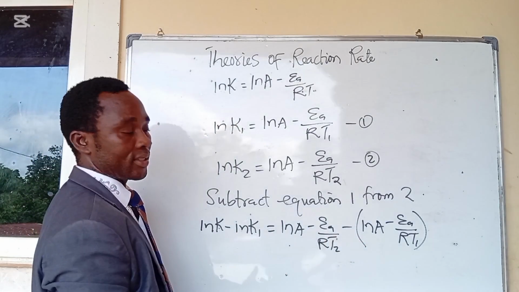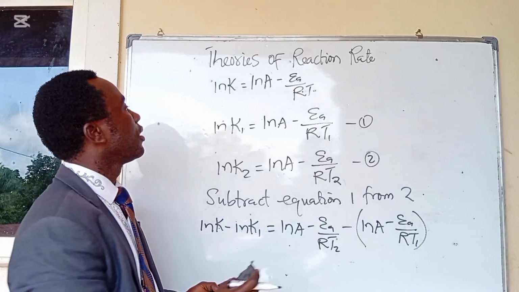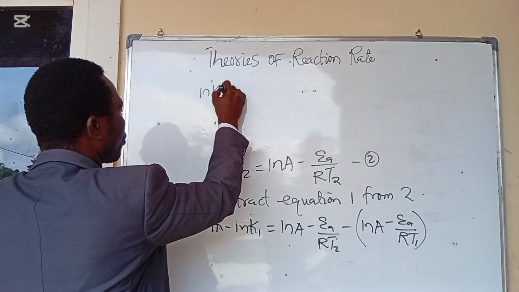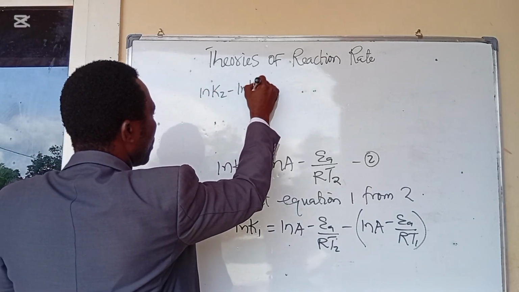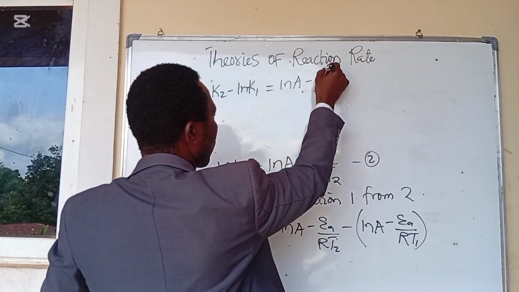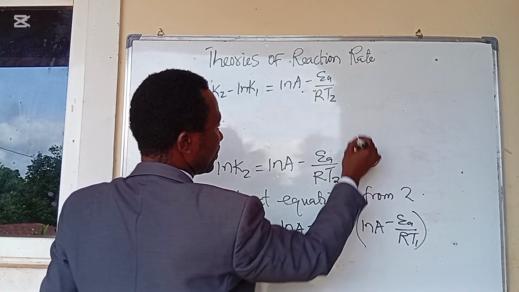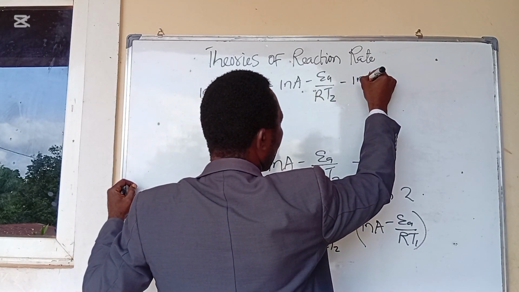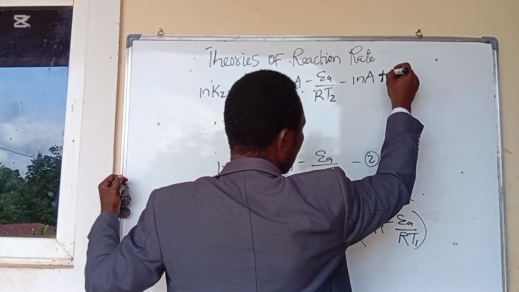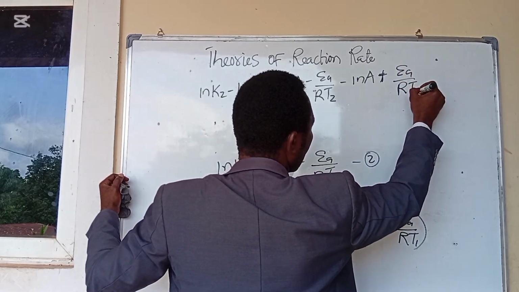Remember, we open the brackets because this multiplied by this will be minus, but this multiplied by this minus will give us a plus. That is to say, ln of K2 minus ln of K1 will be equal to ln A minus EA over RT2, then this minus ln A, then this multiplied by this will become plus EA over RT1.